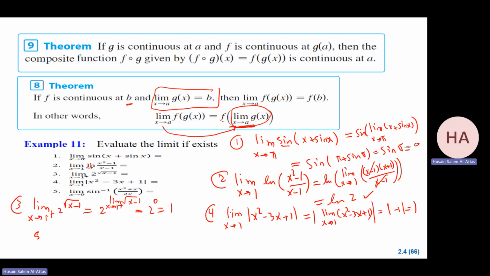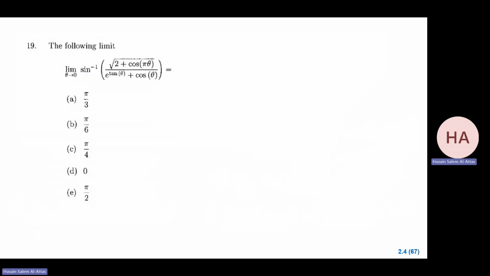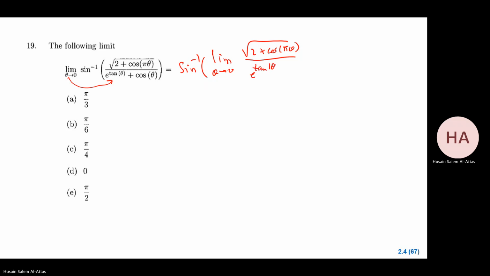So the same thing, the limit. So you have sine inverse of the square root of 2. Yeah, take the limit. Since everything is defined, tan 0 is 0, cosine 0 is 1, so I have nothing to worry about.